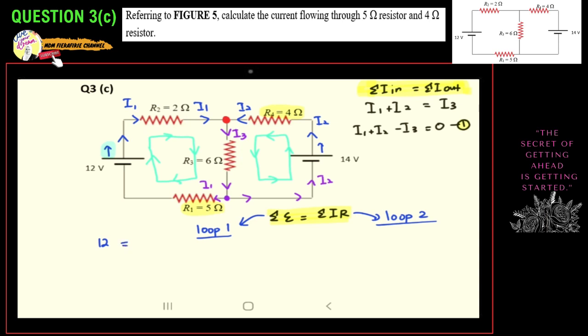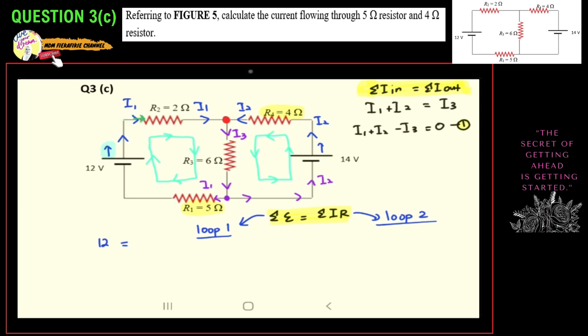Equal to totalkan resistance darab dengan current. So we have R2 here, where the current that pass through R2 is I1. Okay, so current that pass through R3 is I3, and current that pass through R1 is I1. Okay, and look at the flow of current.